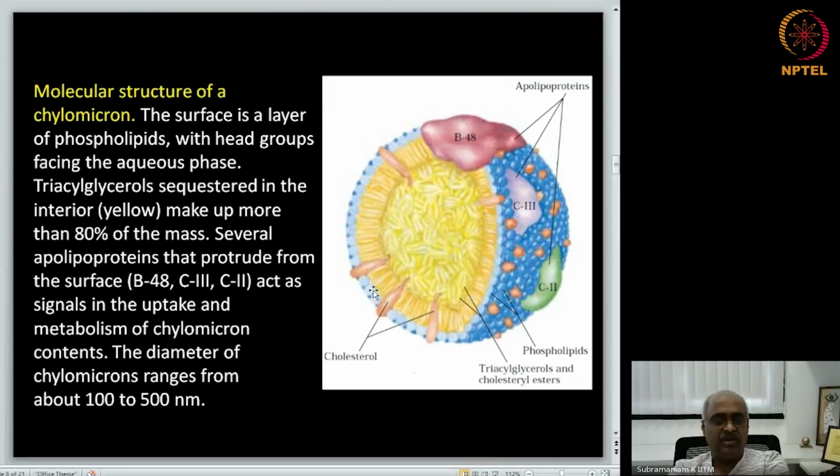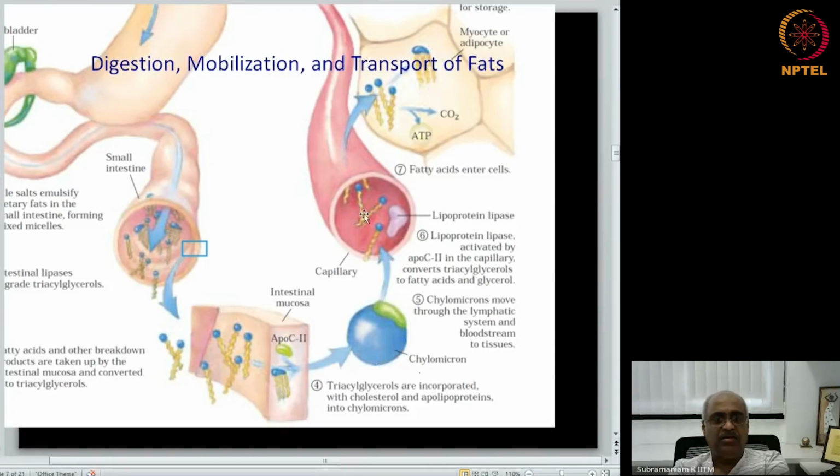These chylomicrons are then transported through the body fluids, primarily blood, and when they go through the small blood capillaries, this ApoC2, the green structure in this cartoon, activates a lipoprotein lipase in the serum, which is part of our blood, and that hydrolyzes the triacylglycerols into free fatty acids and glycerol.